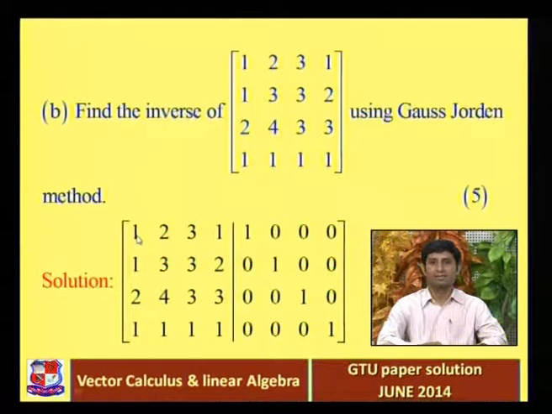Then we multiply the first row by -2 and add it to the third row, and then multiply the first row by -1 and add it to the fourth row. So below that 1 in the first column we now have all 0, right? Let's see what changes in the other elements.